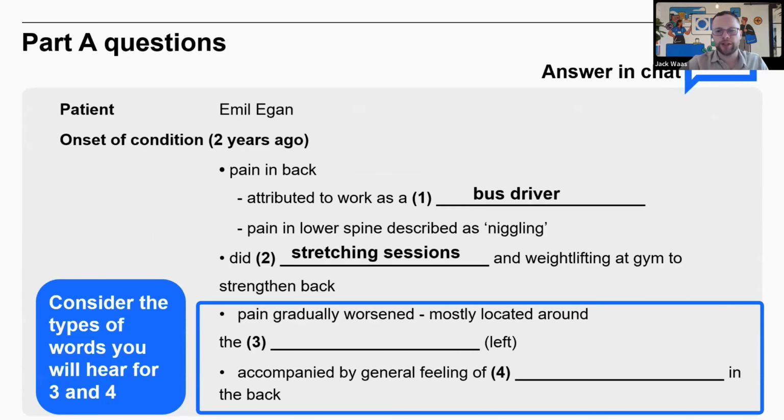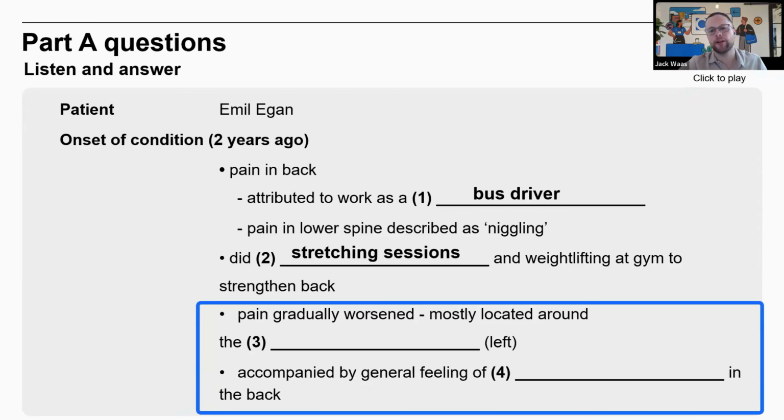Now, let's do questions 3 and 4. First, we're going to read the surrounding text, okay? So go ahead and read the text around 3 and 4 and try to think about what you'll be listening for. And then I'll go ahead and play the audio for you in a few seconds.